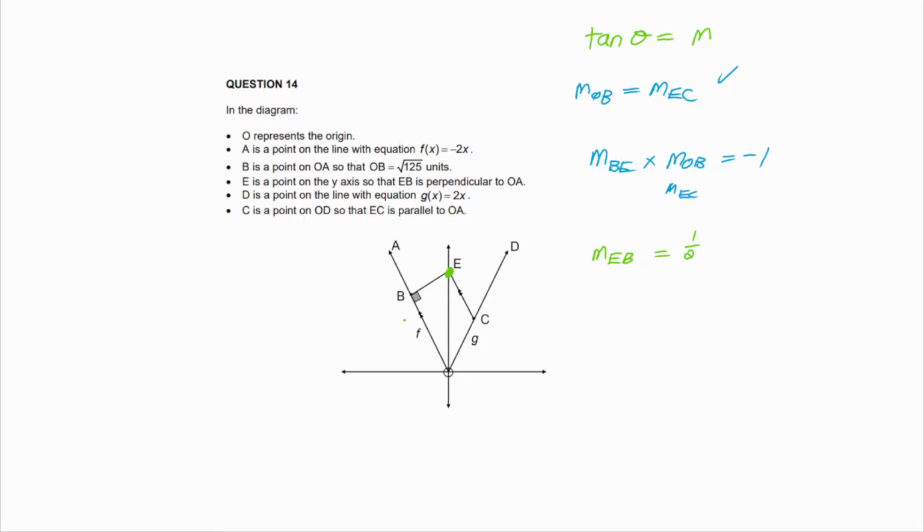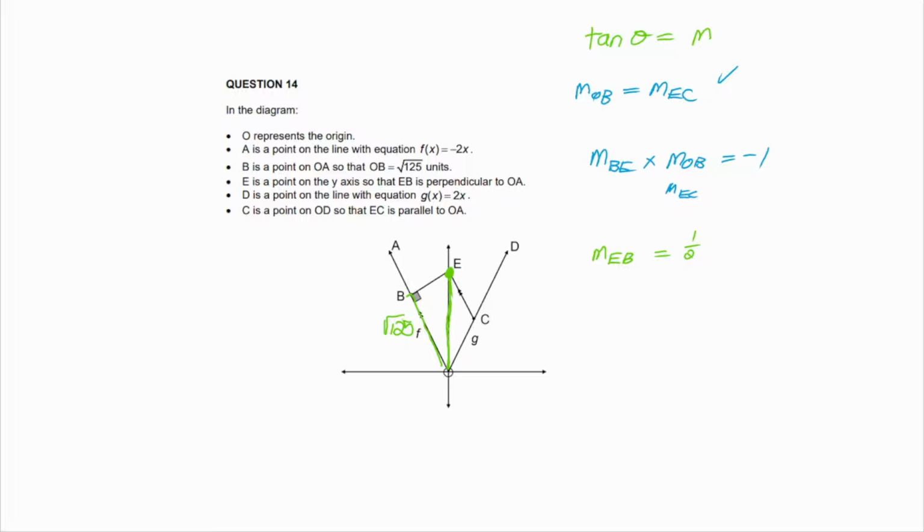I know this distance here is root 125, so let me write this big, root 125. I need an angle: either this angle or this angle, and then I can do a trig ratio. How do I find this angle?